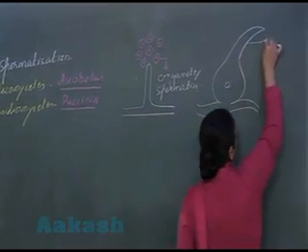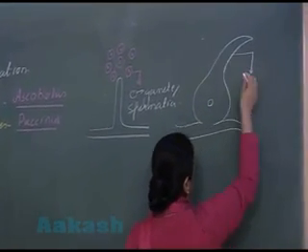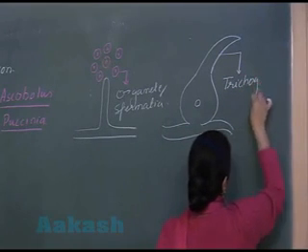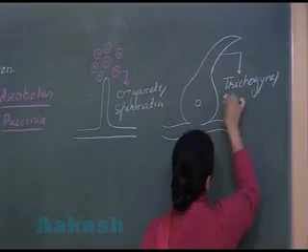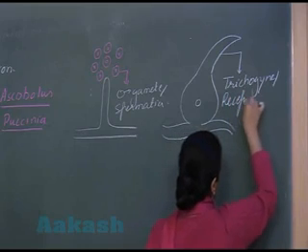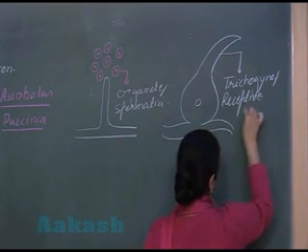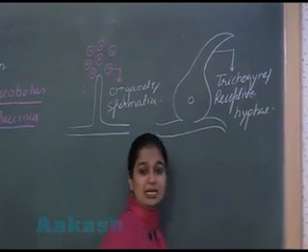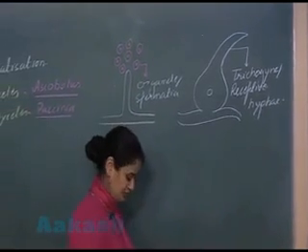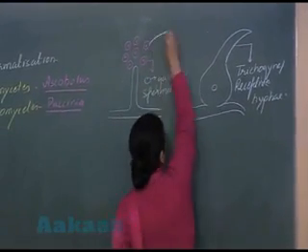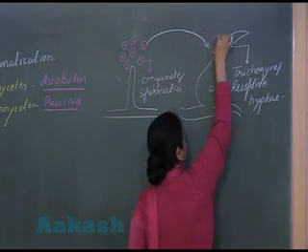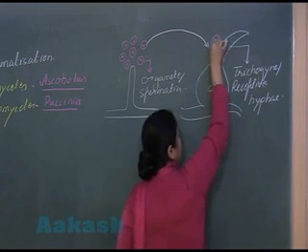At the tip of the female structure, what is present is the trichogyne. It is also known as receptive hyphae. This receptive hyphae will receive the male gamete, that is spermatia.